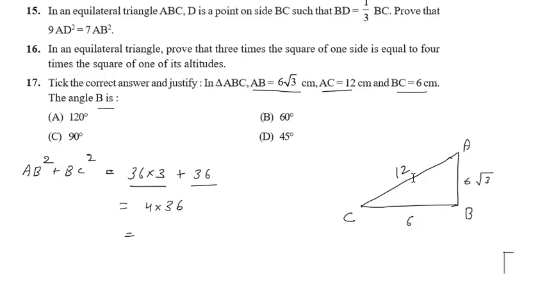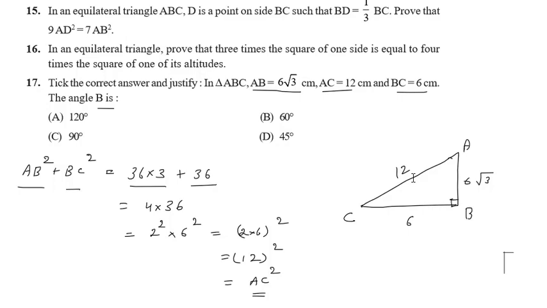And 4 into 36 means this is 2 square, this is 6 square, so this whole is 2 into 6 the whole square, which is 12 square, and which is AC square. So AB square plus BC square is equal to AC square. Therefore, by converse of Pythagoras theorem, this is a right angle triangle and angle B is 90 degrees.